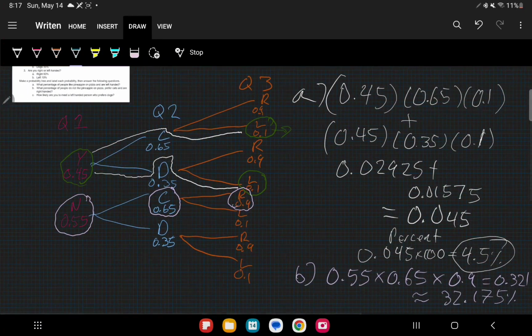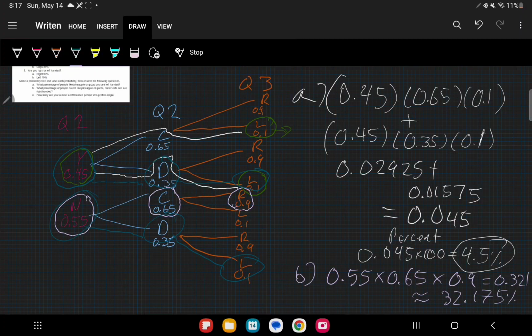So we want left-handed people who are dog owners. So we're going to go from this guy to this guy to this guy, and then this guy to this guy to this guy, and I'll just draw our line going through.